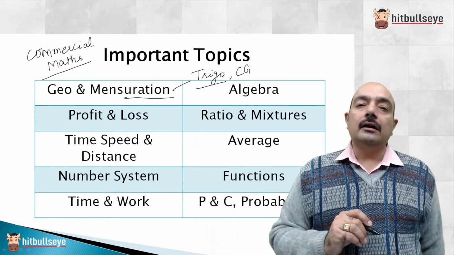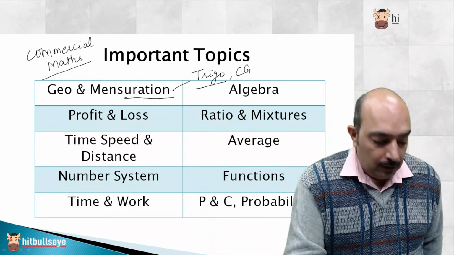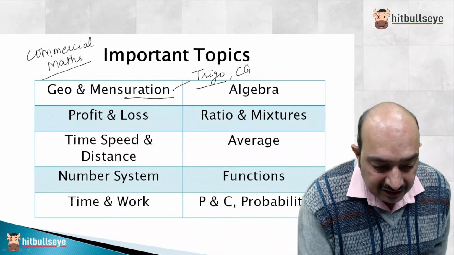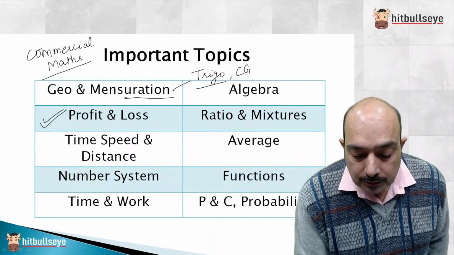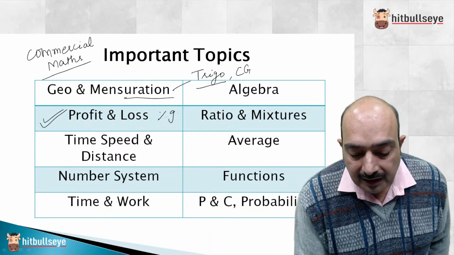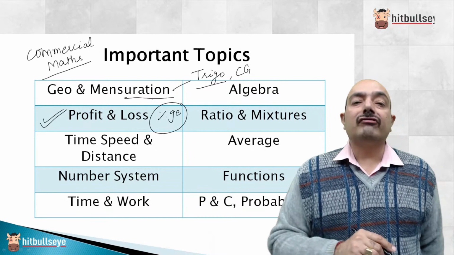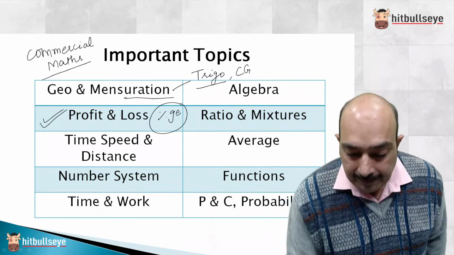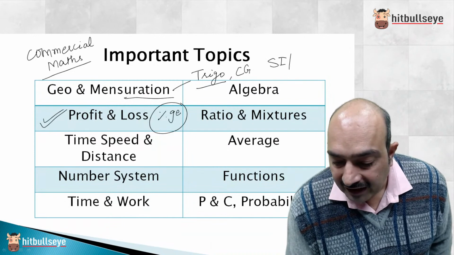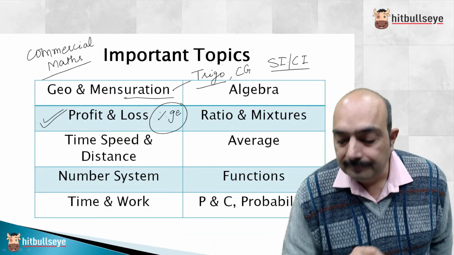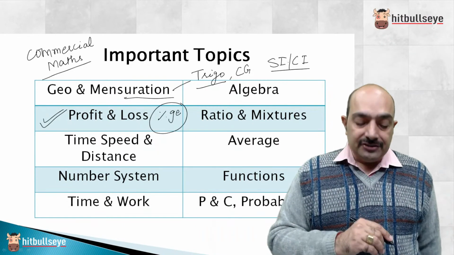So what all headings are covered? Let's discuss. Commercial maths, I'll put it straight away, profit loss, definitely. Also in this particular main heading, you can find percentage also. Then you can go ahead with SICI also, that is simple interest, compound interest.